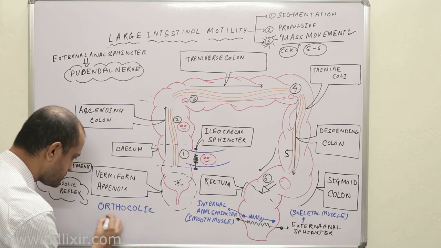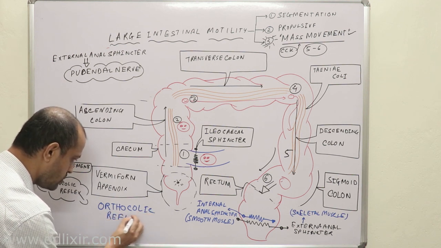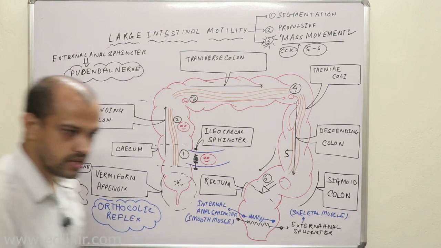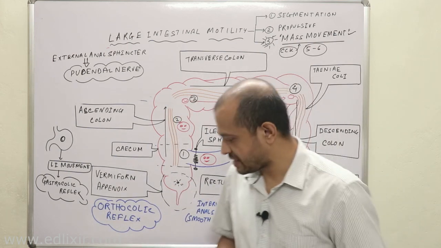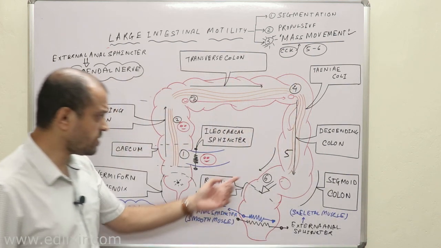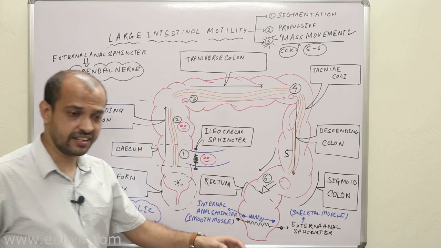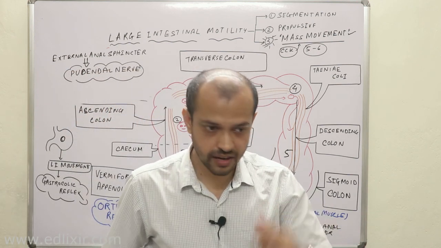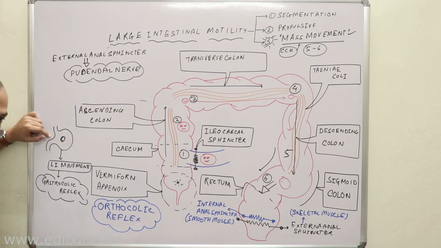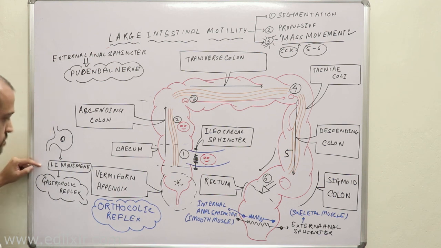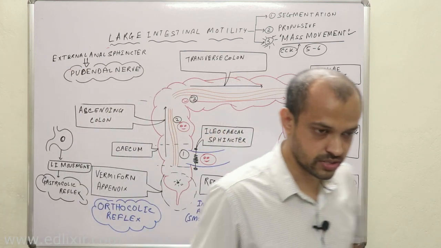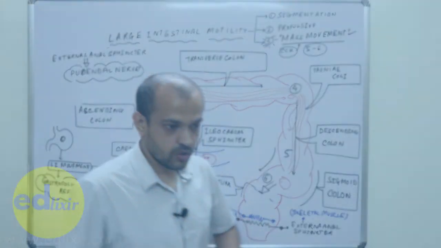Orthocolic reflex actually occurs due to the fact that when you stand against gravity, the muscles of the external and internal anal sphincter actually loosen, and therefore orthocolic reflex occurs. But when you take in food and this food enters the stomach, this leads to large intestinal movements, and this is called gastrocolic reflex. Clear? Obviously we will talk about this in detail in later videos and later classes.